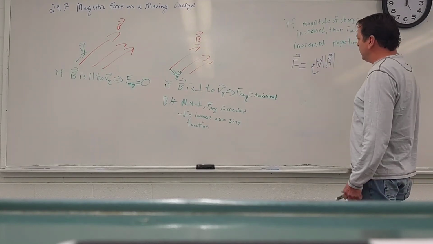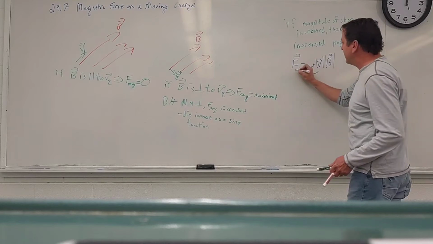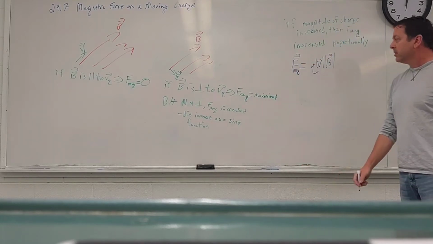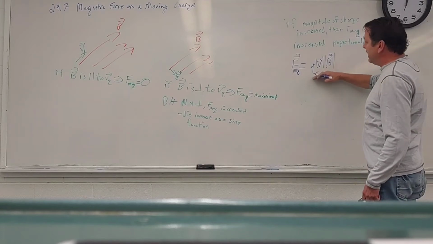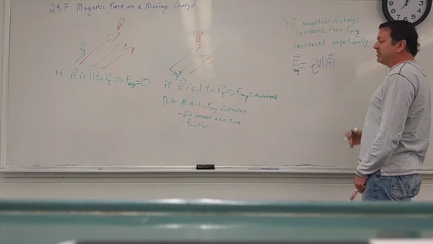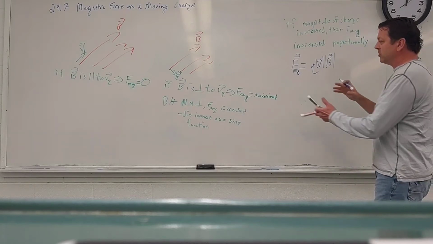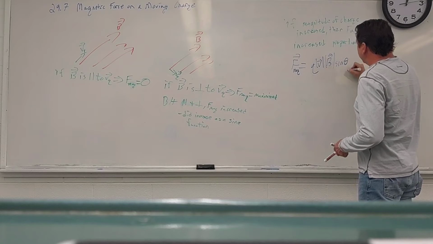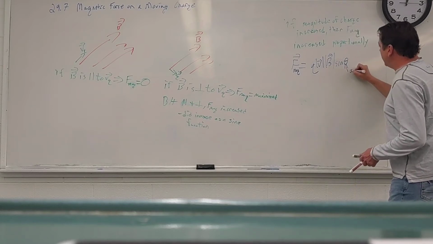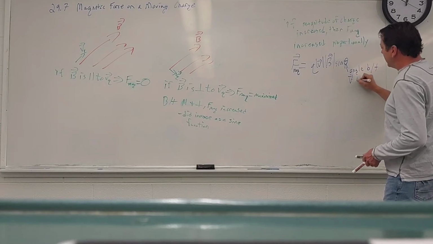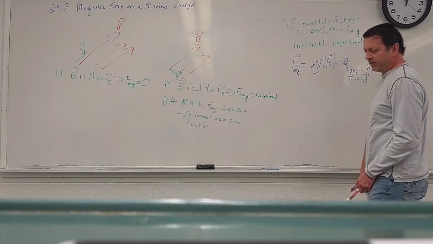If the velocity is twice as much, twice as much magnetic force. But it was mediated by direction. In other words, it's affected by direction. It's a function of the sine of the angle theta, where theta is the angle between the velocity vector and the B field.